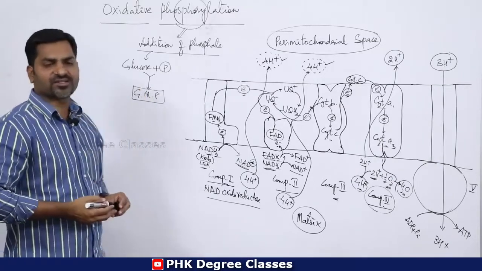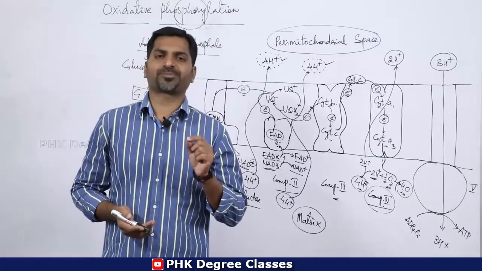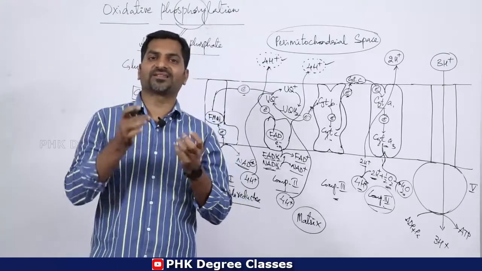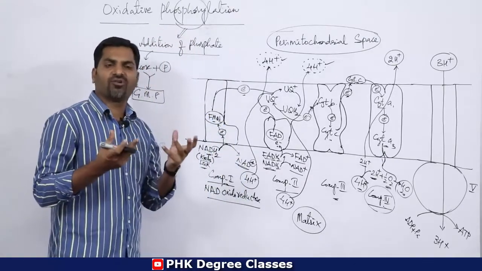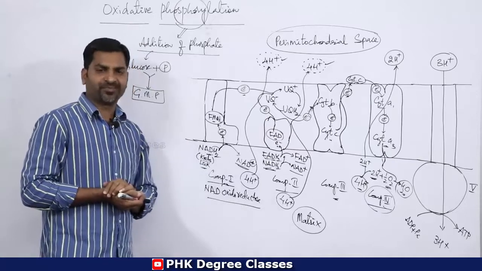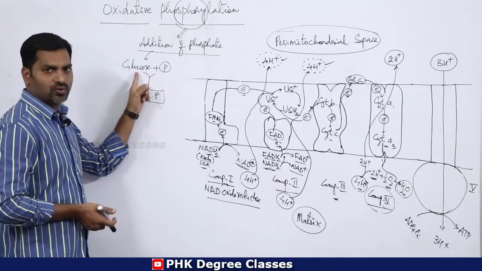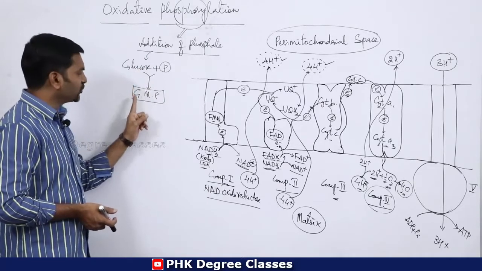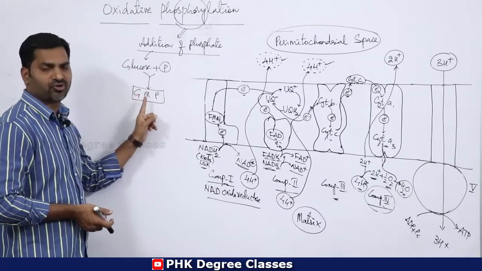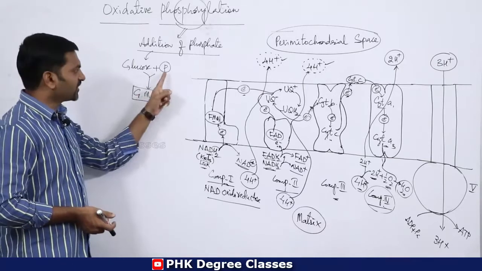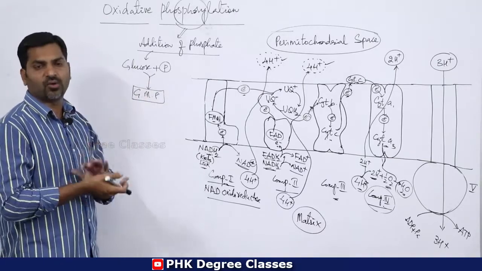In glycolysis, if one phosphate is attached at the sixth carbon of glucose, that is called glucose 6-phosphate. Mono is nothing but single: one single phosphate is added to the glucose structure.